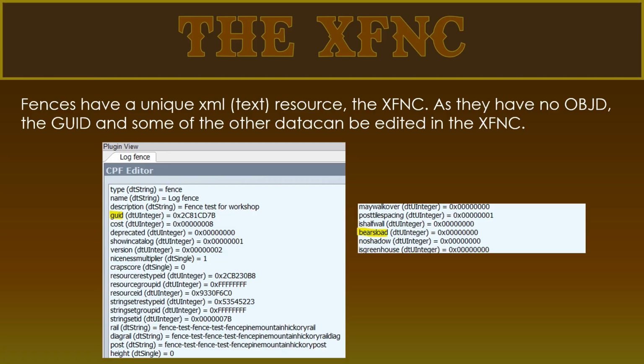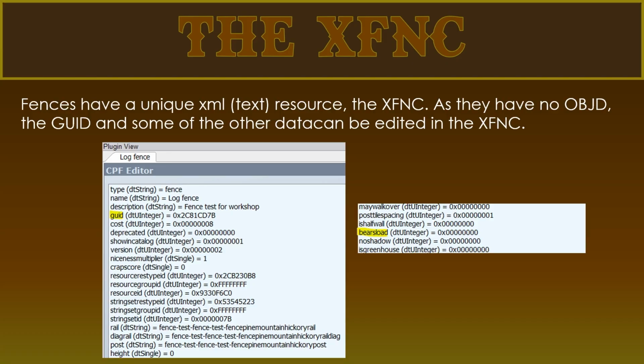I believe by default, a column fence and just a regular fence railing have that as true. I do not see anything specifically to turn that off. Okay.